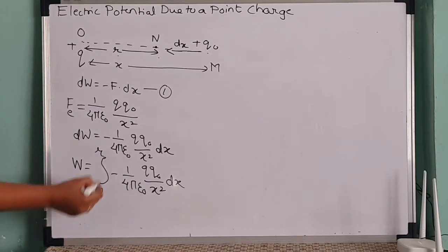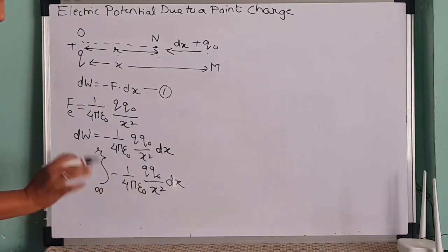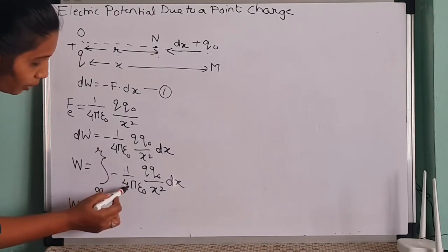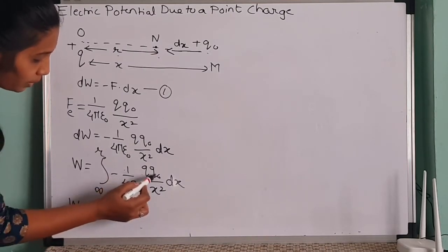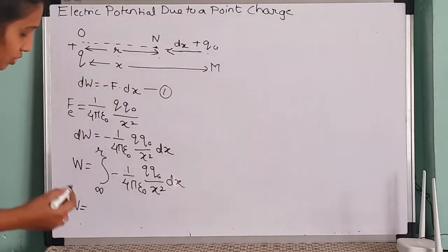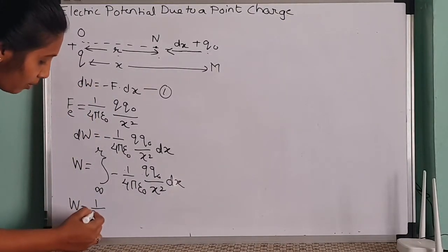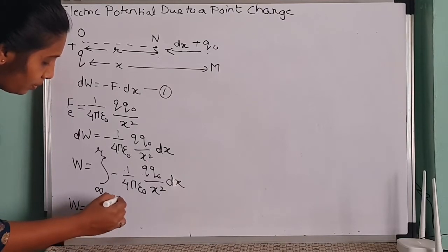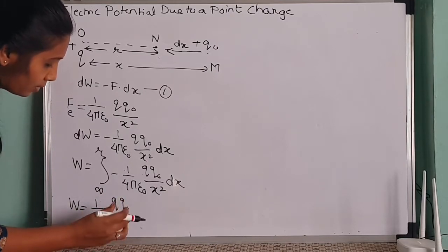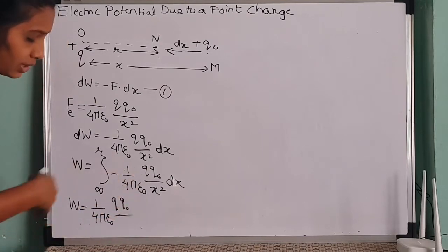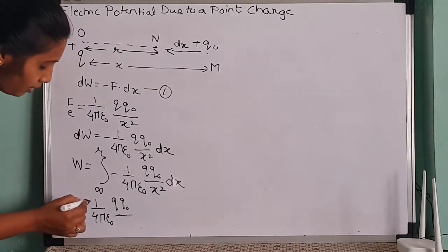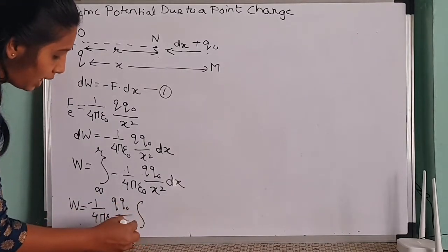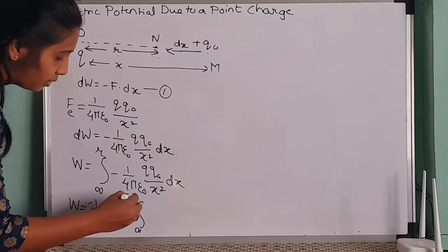Now, once we have the limits, we can integrate it. We know 1 upon 4 pi epsilon naught Q Q naught will come out of the integration with a negative sign, and in the integration, limits are important to write first.